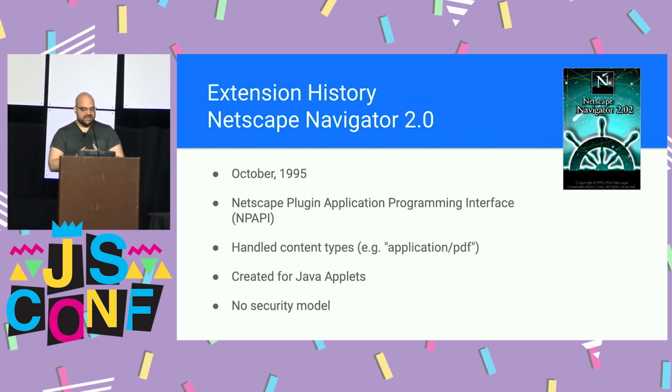Netscape Navigator was the first browser that allowed third-party developers to modify what the browser could do post-installation, after it was actually on the user's machine. And they did this through the introduction of NPAPI, or Netscape Plugin Application Programming Interface. NPAPI was cool because it allowed third-party developers to register new content types that the browser could display and the user could interact with.